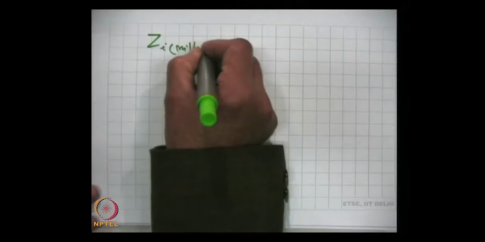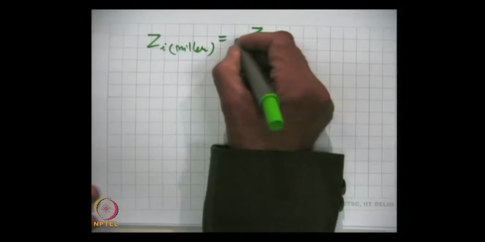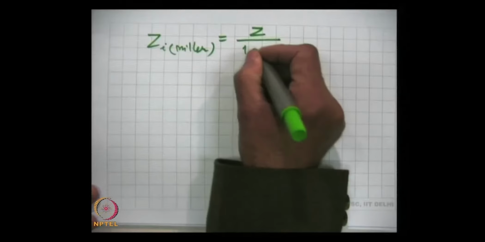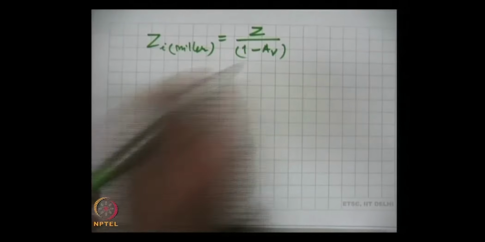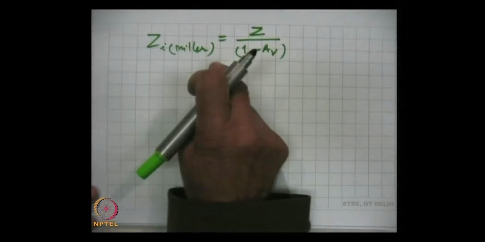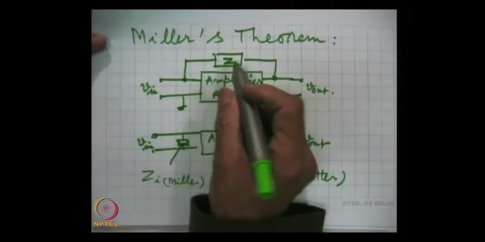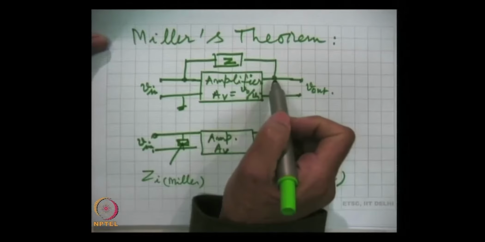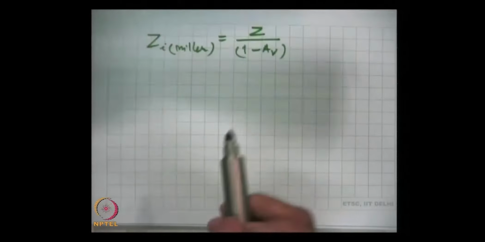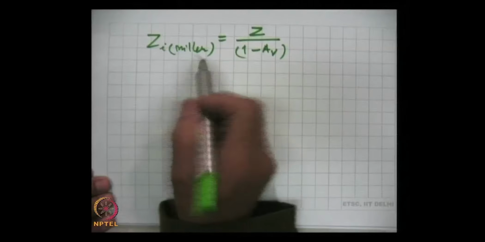Zi Miller is equal to Z, that impedance, over 1 minus AV. This is Miller's theorem. Miller's theorem gives that if you face a situation such that the impedance has one end connected at the input and the other end connected to the output, then at the input this will be the value of the impedance.